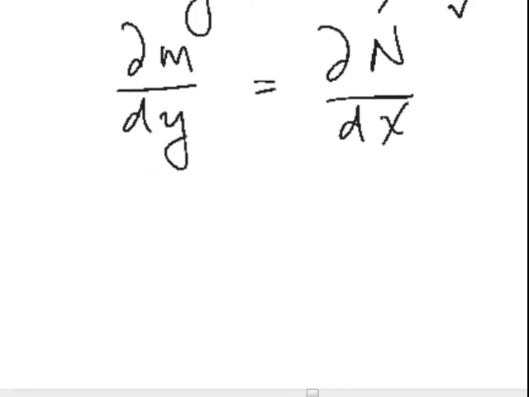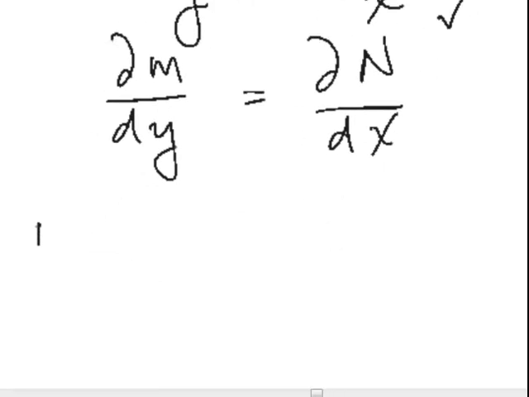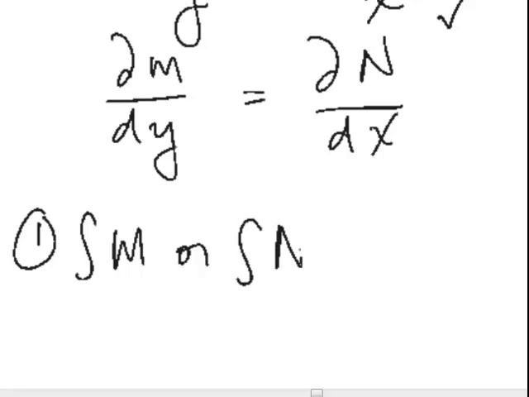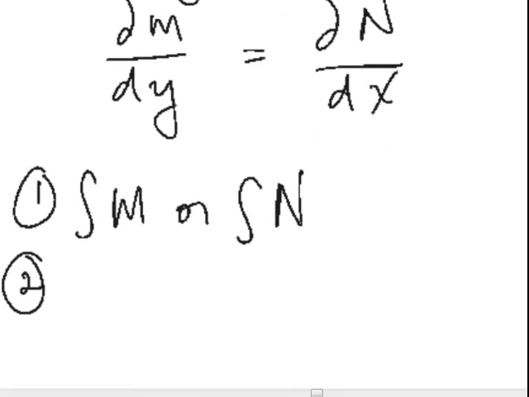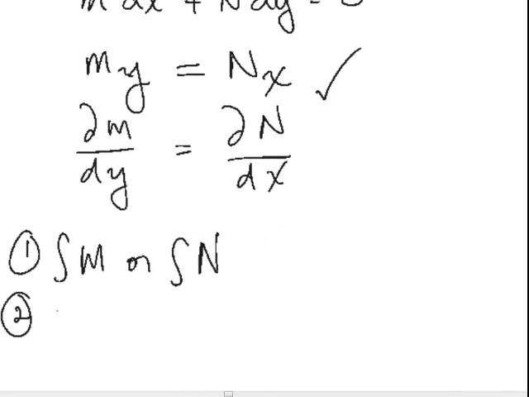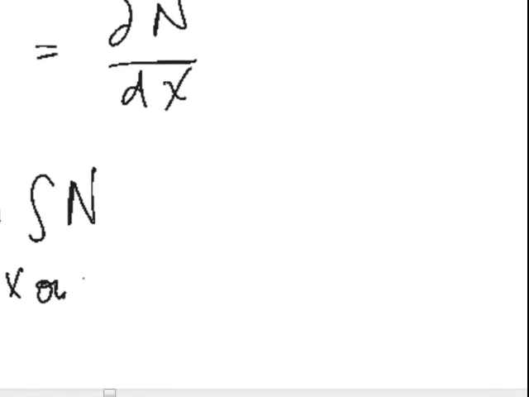So once you find out what you need to know, whether it's exact or not, if it is exact, then what you do is you either integrate m or n. It does not matter. Okay? Step 2: after you integrate, you add a plus g of either x or y.